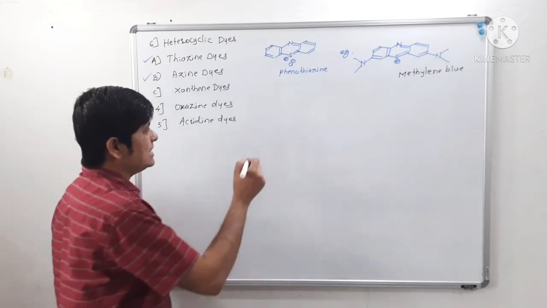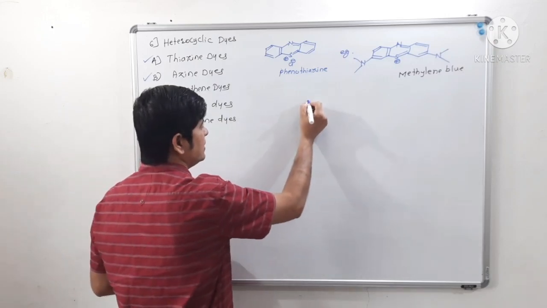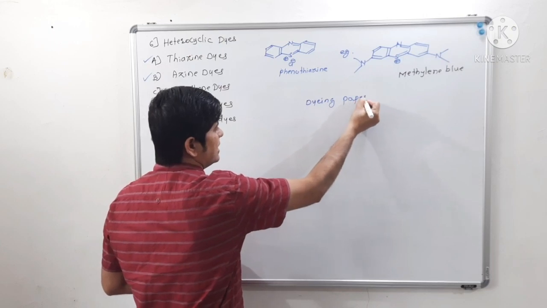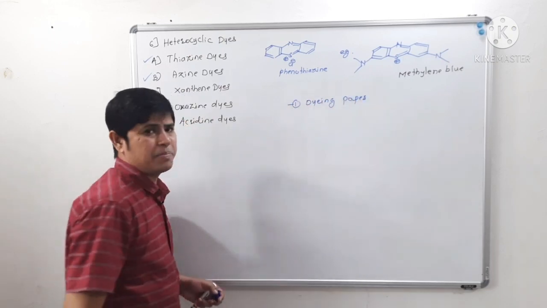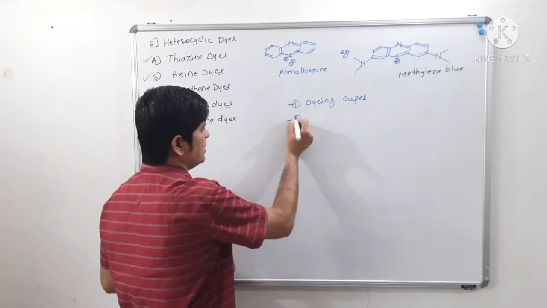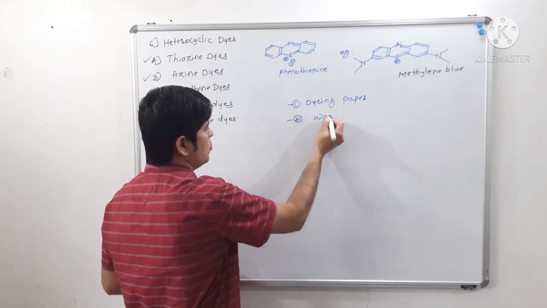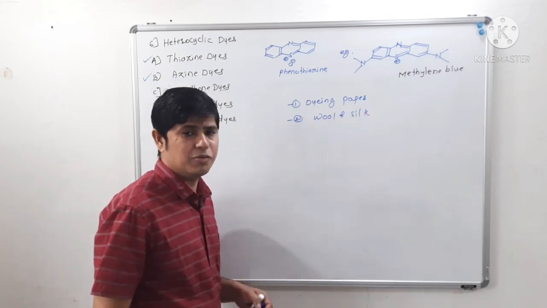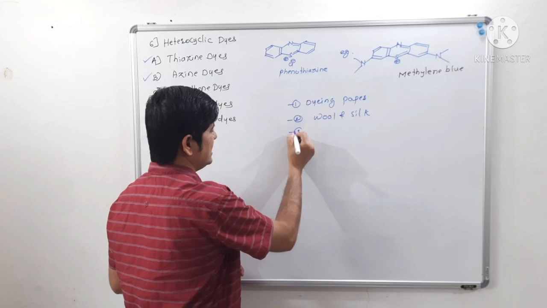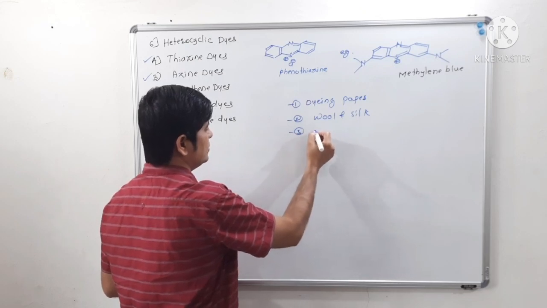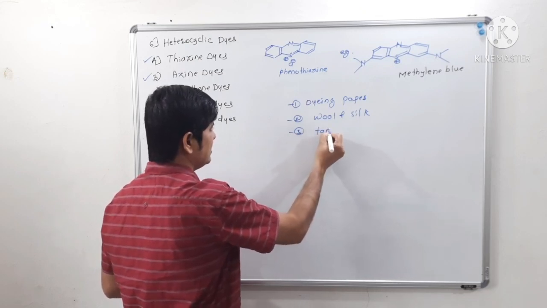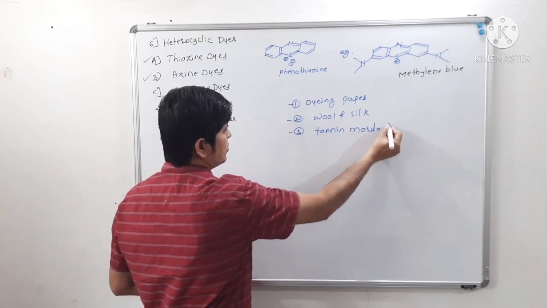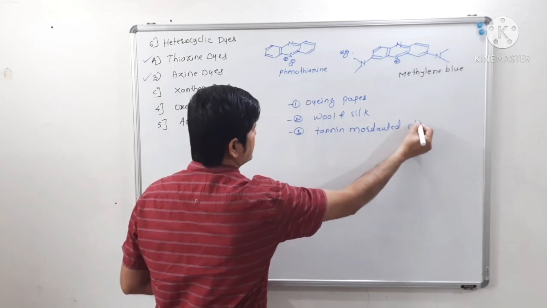These dyes are used for dyeing paper. They are used for dyeing wool and silk, and also for dyeing tannin mordanted cotton.